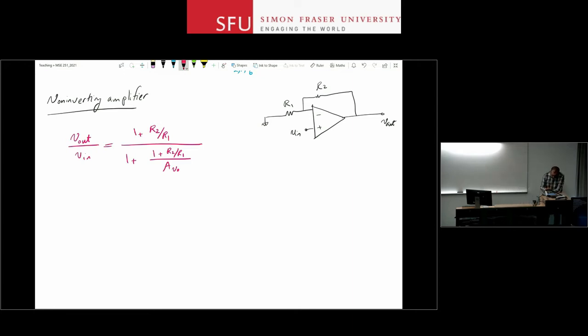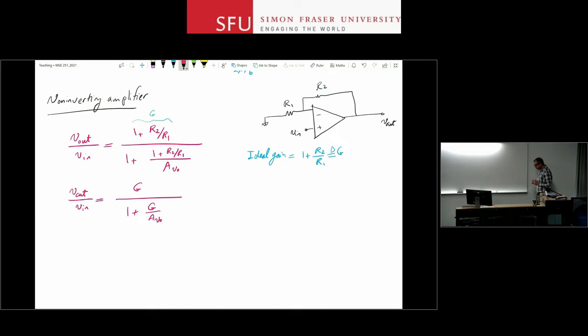Now, just so that we save on writing, let's call the ideal gain, which is given by the ratio of the two resistors, G. So I can write V out over V in as G over 1 plus G over AV naught.